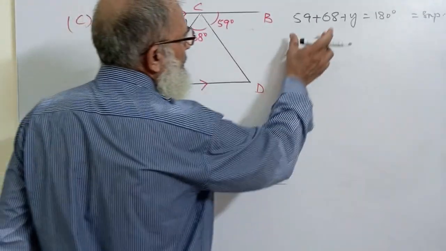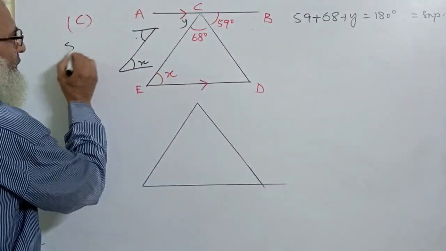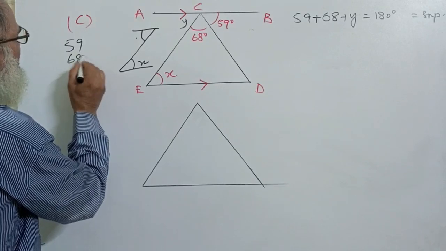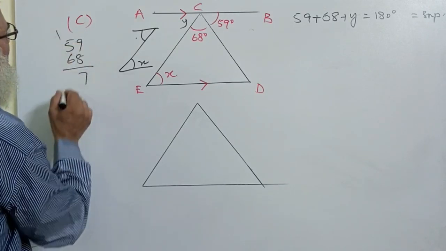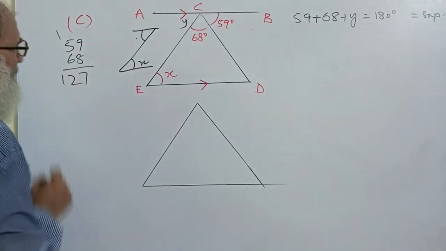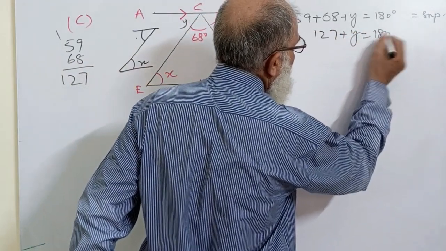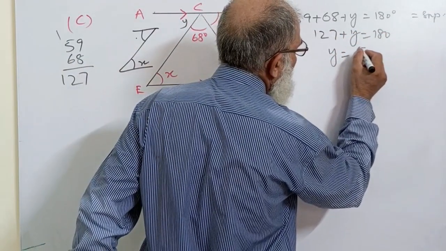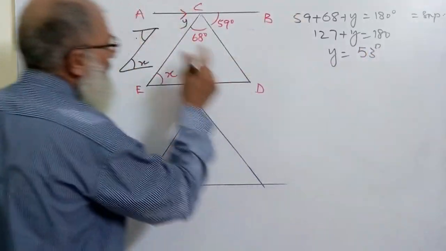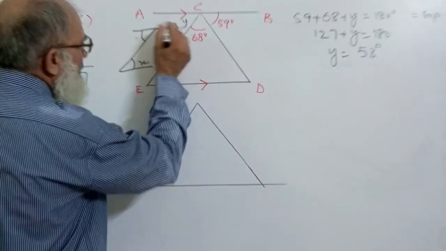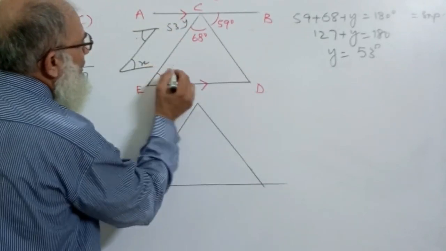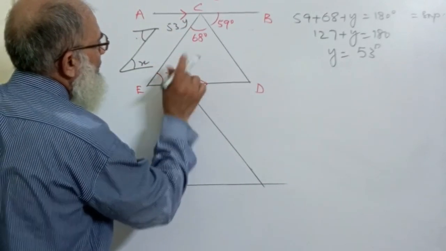So 68 plus 59 is 127, plus Y is equal to 180 and Y is equal to 53 degree. Since it is 53 degree, then this angle is 53 degree as well.